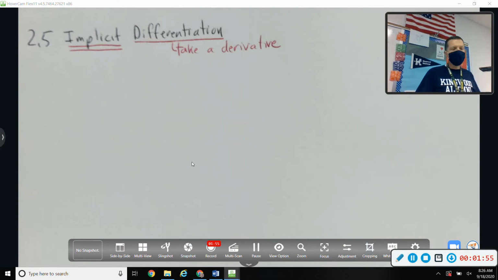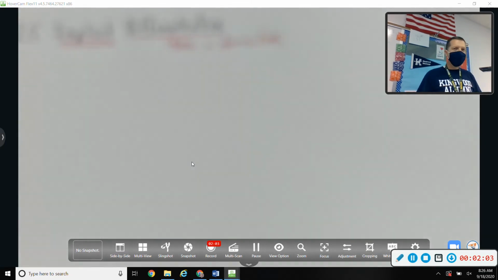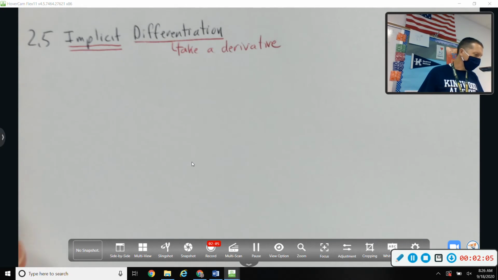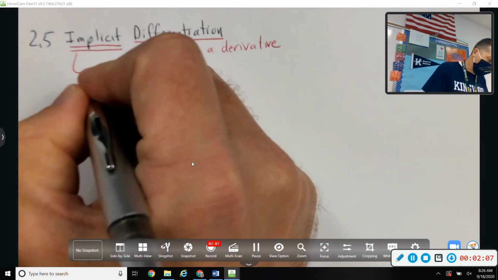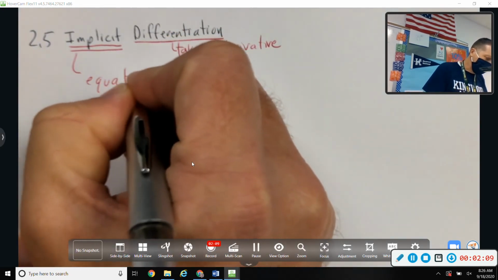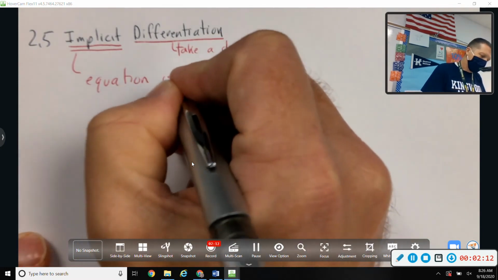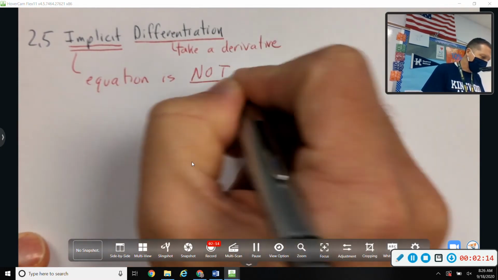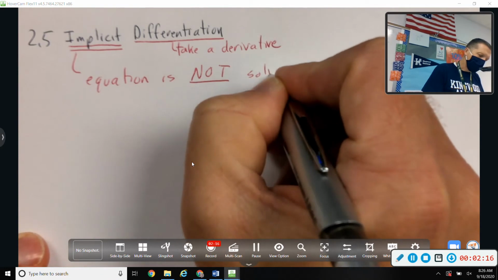So explicit is when you have an equation solved for y, when you explicitly know that y equals whatever. Implicit means I don't have it explicitly solved for y. I've got to do some extra work. So they look a little bit different. The equation is not solved for y.